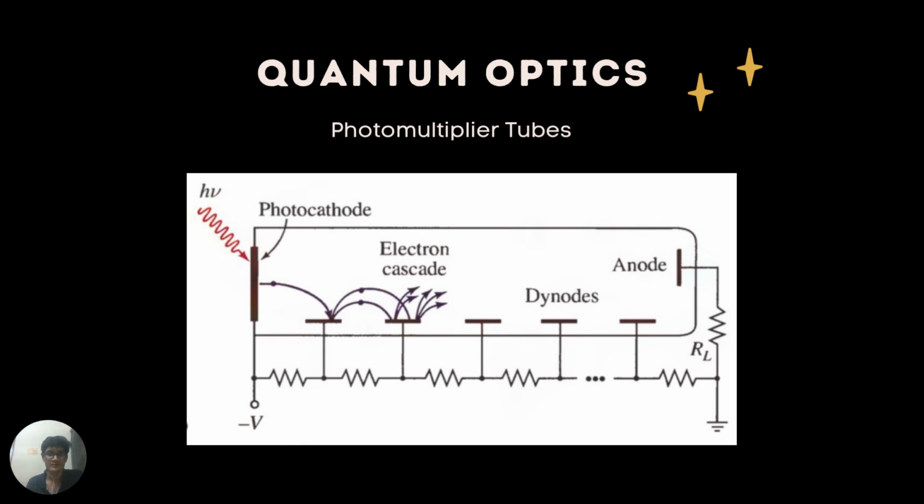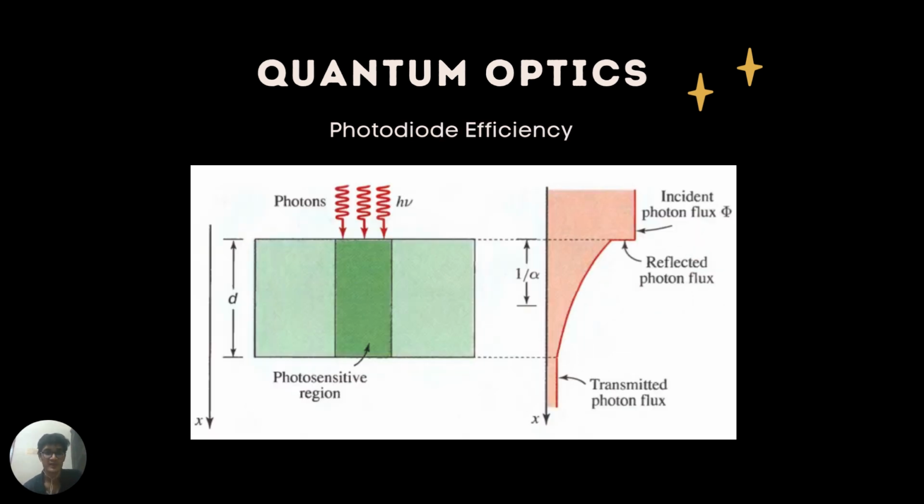The electron goes from the first plate to the next one, from the next plate to the other, and what motivates it to do so is the electric potential developed, which creates an electric field that takes more electrons from one plate to the next, and as they go, they keep on ejecting more and more electrons. The first one was the photoelectron, but as they go, this creates an electron cascade, and many electrons are collected at the anode. The terminals between the cathode and the anode are something called diodes. So these are photomultiplier tubes.